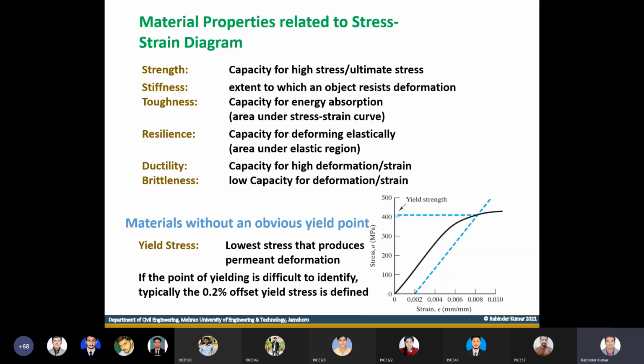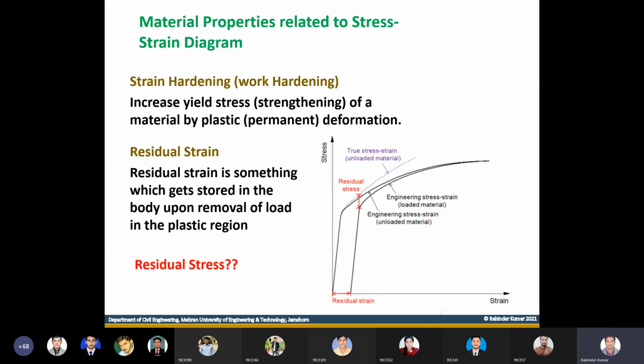Strain hardening, I told you: after yield stress, suddenly the material regains its strength, and that is known as work hardening or strain hardening. And the residual strain is something which is stored in a body when you remove the loading. For example, a pen has a spring.